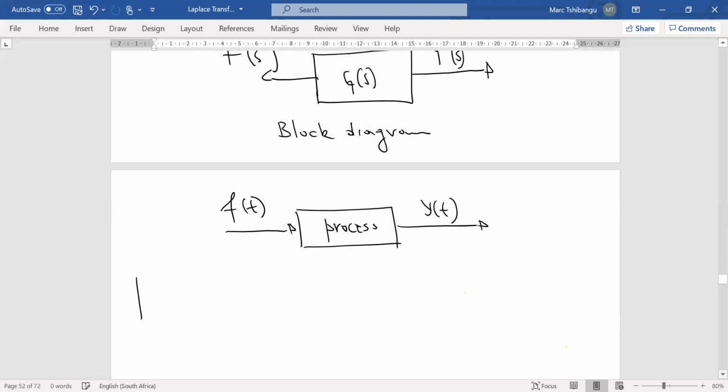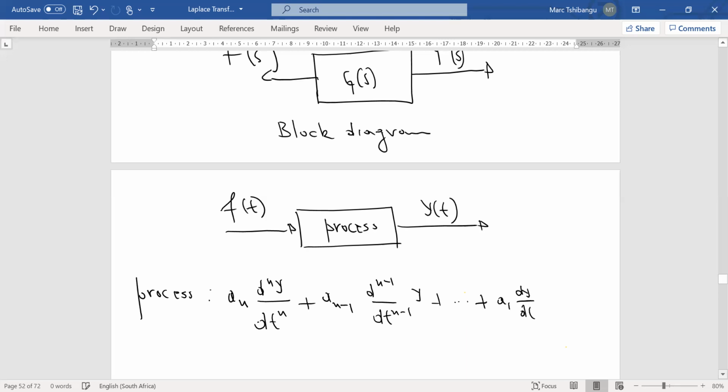So our process is defined by this differential equation, which is equal to b F of t.